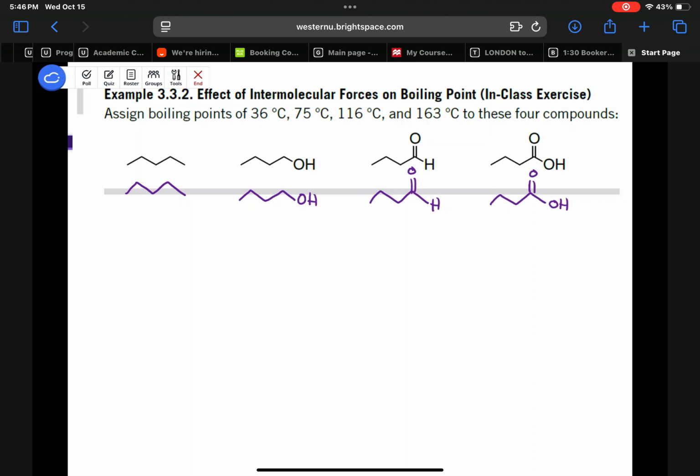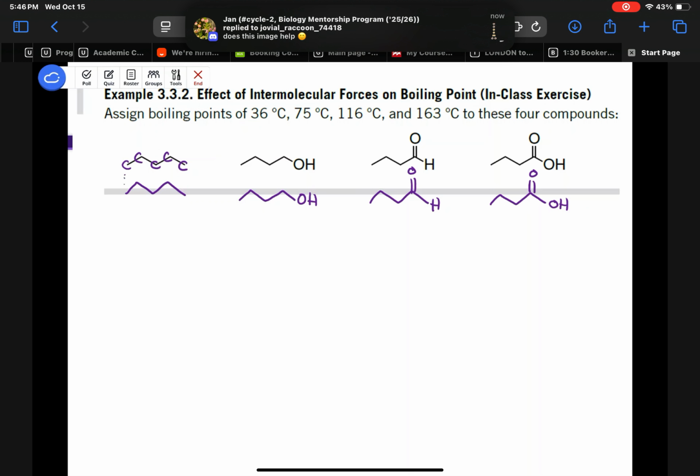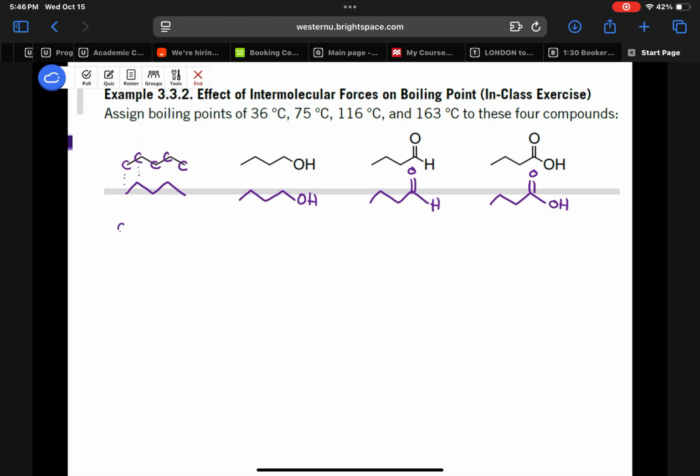This one only has carbons and hydrogens, and we know every carbon there, every bend and every end of a line, has enough hydrogens to give everything a filled octet. So this one, carbon and hydrogen, those are non-polar bonds. So we have a non-polar molecule, so we only have dispersion forces here.